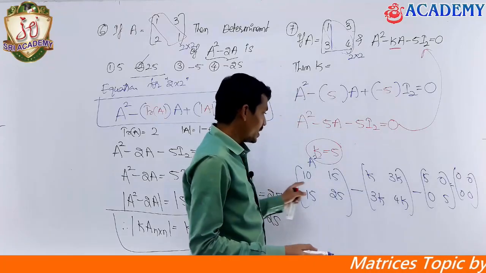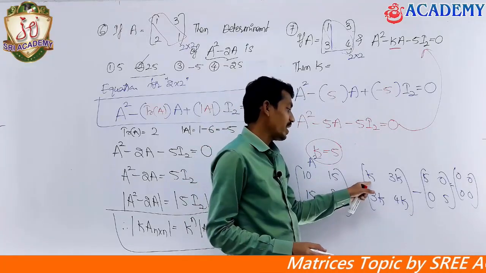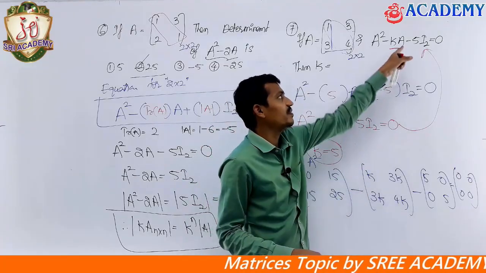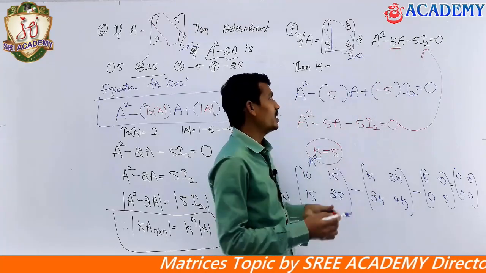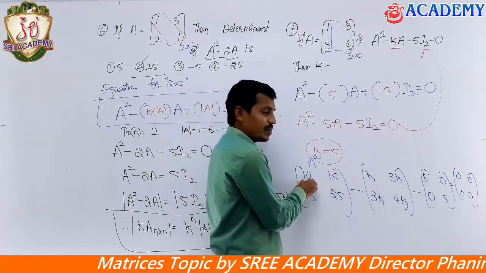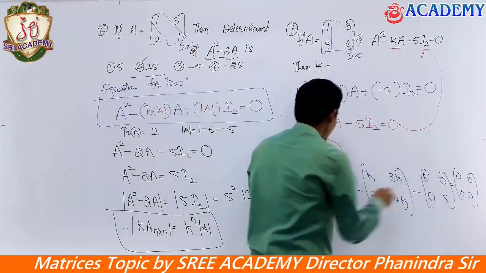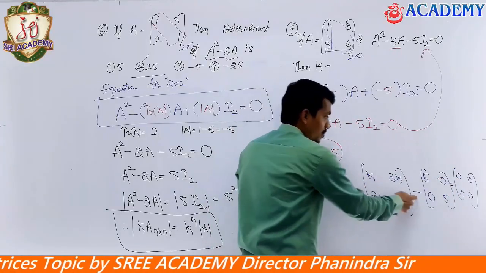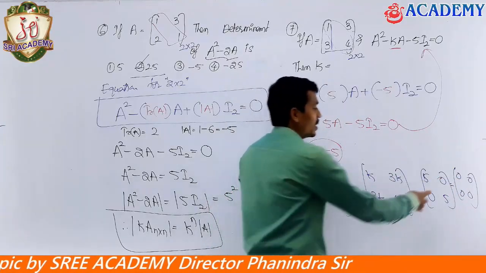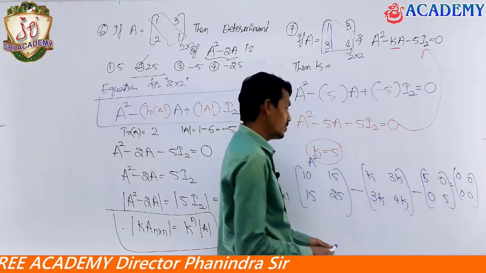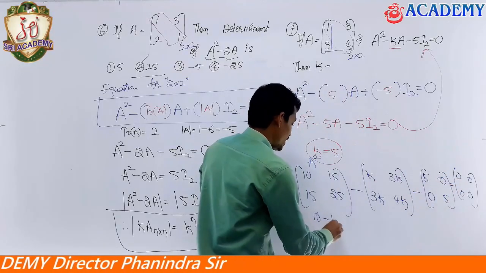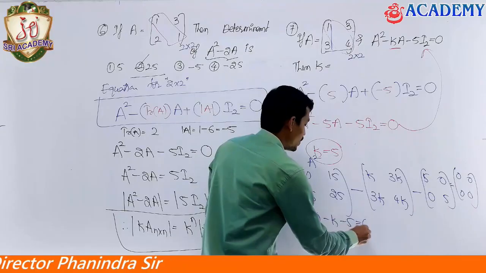Here you have to write an equation to get the value of k. If you write the first element, that is going to be 10 minus k minus 5 equal to 0.